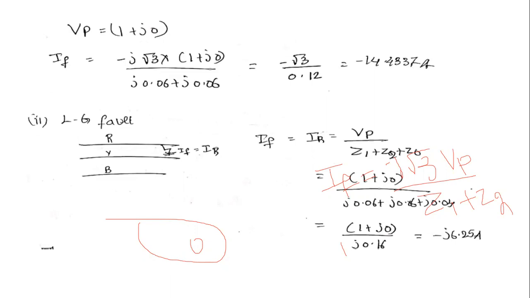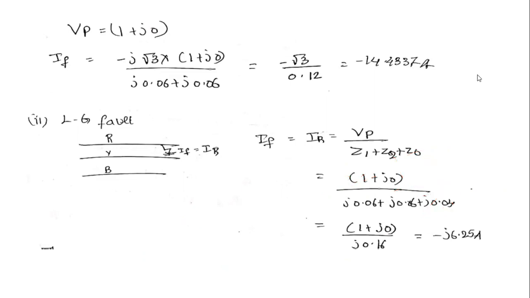Similarly, we calculate the fault current that will be obtained for the line to ground fault. Line to ground fault means we are assuming the fault will be obtained between the R phase and the ground.